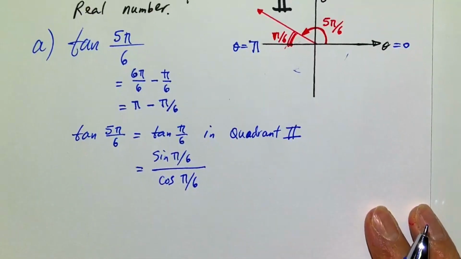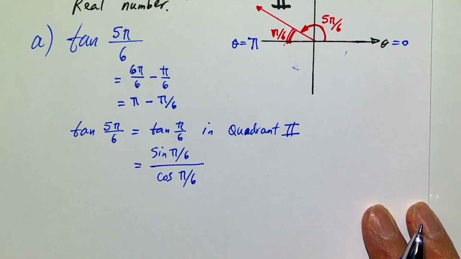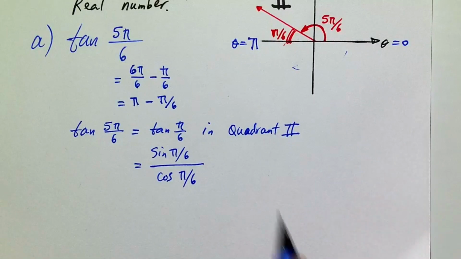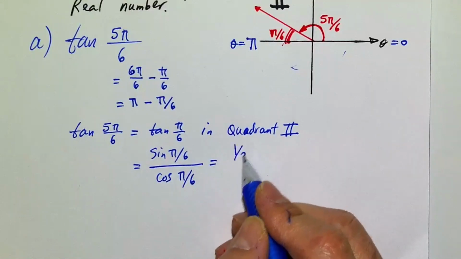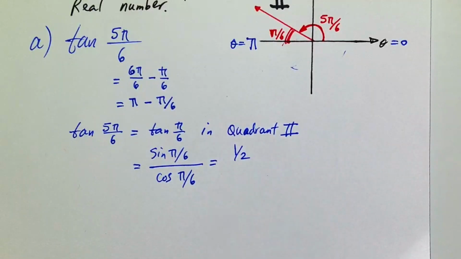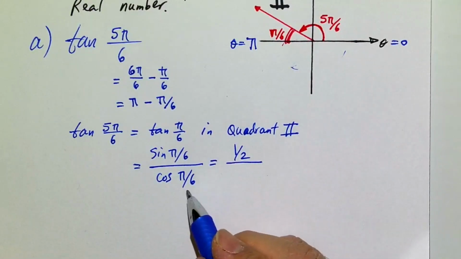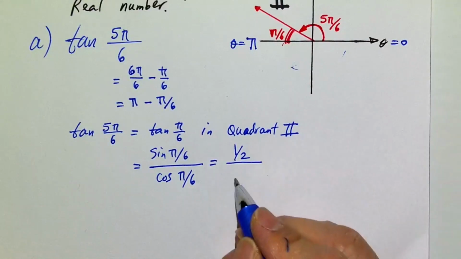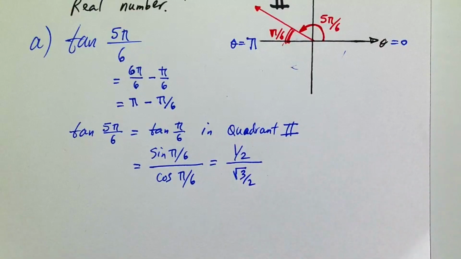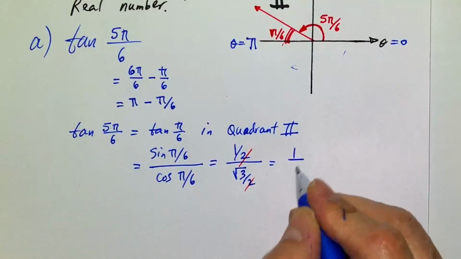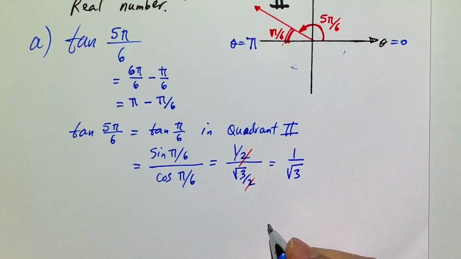This is where remembering those relationships that I mentioned will be very, very useful to you. And also that table, right? Sine of pi over 6 is 1 over 2. That's in the table that I asked you to memorize. Cosine of pi over 6 is equal to square root of 3 over 2. Okay? So this is a complex fraction. 2 and 2 cancel out. We get 1 over square root of 3.